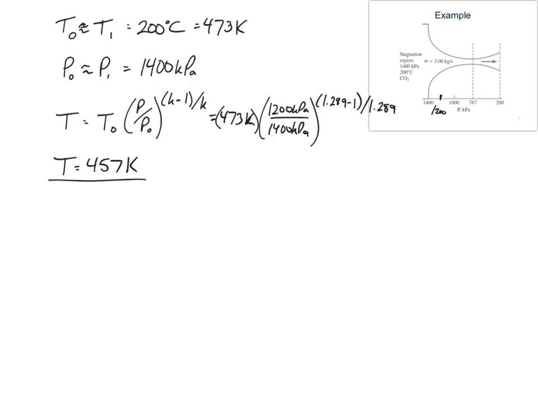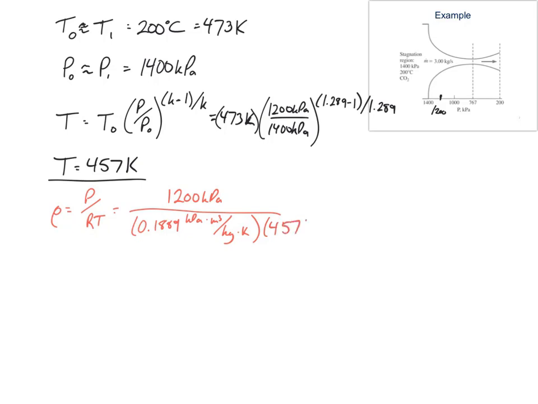Now we also wanted to get the density, so let's do the density calculation. Assuming ideal gas, it's just going to be P over RT. This is carbon dioxide, so our pressure is 1200 kilopascals divided by our specific gas constant, 0.1889 kilopascal meter cubed per kilogram Kelvin, times 457 Kelvin.